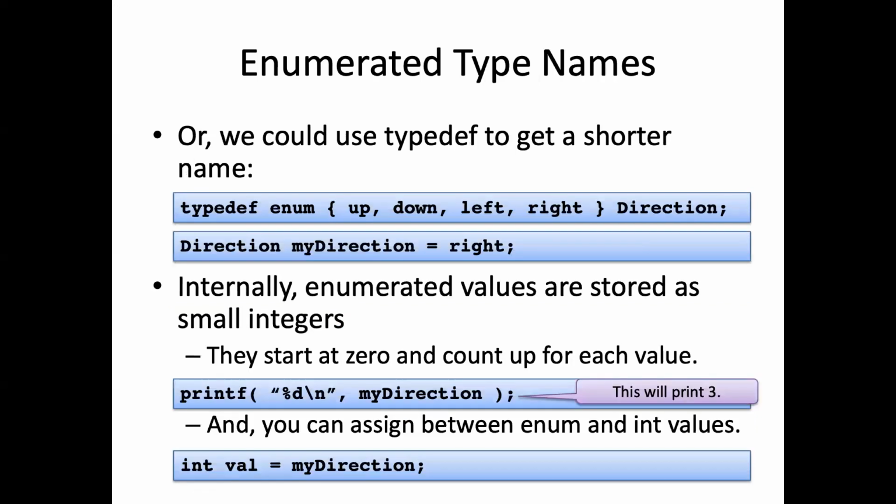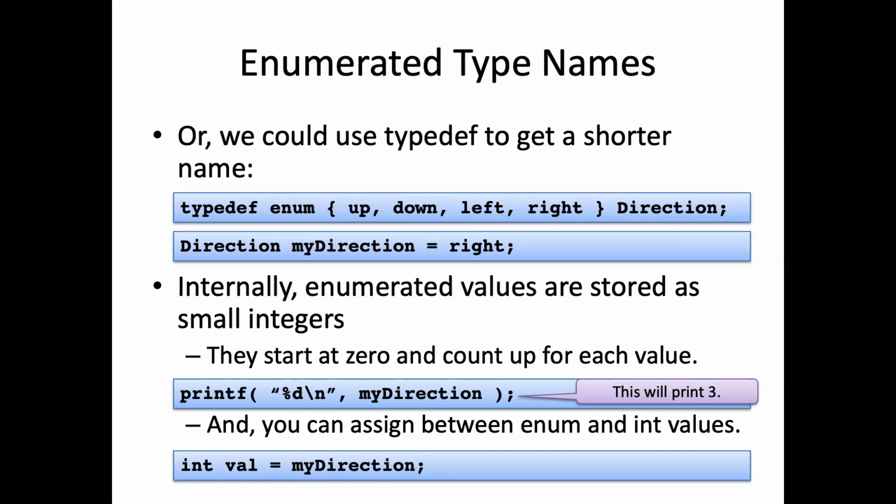I just said on the previous slide, you can use typedef to come up with just a single type name for an enumerated type. And just like with struct, that's often done. Up at the top, I made a typedef of that up, down, left, right enumerated type to the name direction. And now I can just say direction when I want to make a variable of that type.